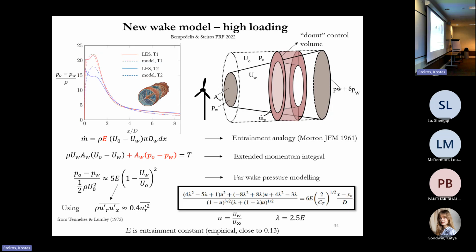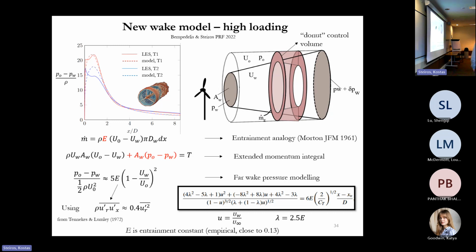Now, the first thing we did is see how this fared with reality, because this is a parameterization, and it can be completely wrong. So my colleague performed large-eddy simulations of wind turbines. This is the pressure term that we want to model, and this is the distance from the turbine. The solid lines are the numerical data that we acquired numerically using supercomputers, and the dashed line is the prediction of this formula.